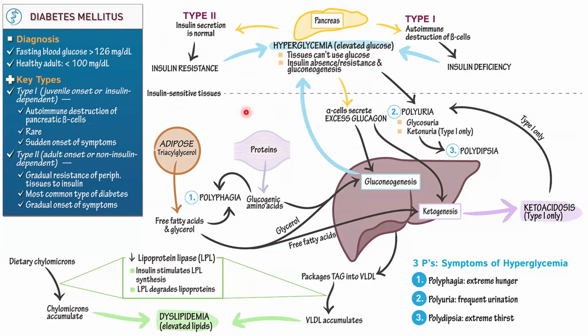This just shows the pathophysiology, to help us understand how polyuria, polydipsia, and polyphagia come in. Appreciate polyphagia here, polyuria here, and polydipsia, which come across when all this is happening. Remember, all this happens at the liver.